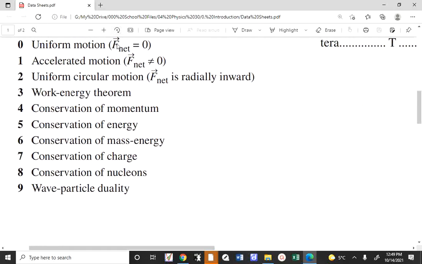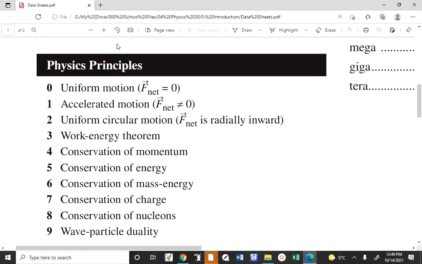Yeah, it's two. It's what the Department of Education in Alberta calls uniform circular motion. It's accelerated motion, just like number one is accelerated motion. But number one is accelerated in a straight line or instantaneous acceleration. Number two is circular. So that's the physics principle there.